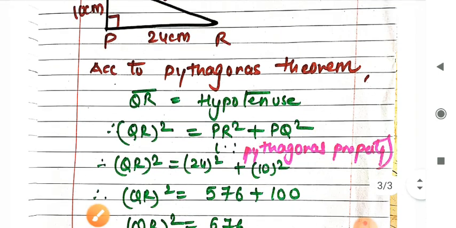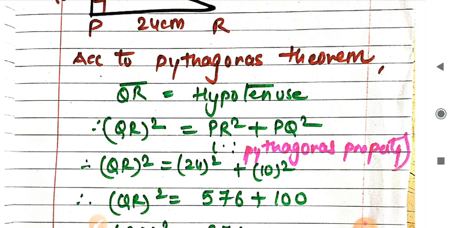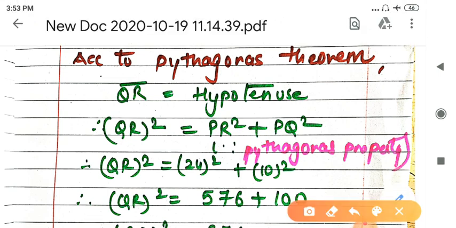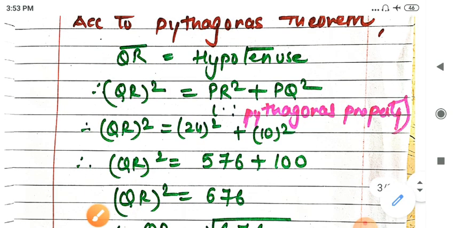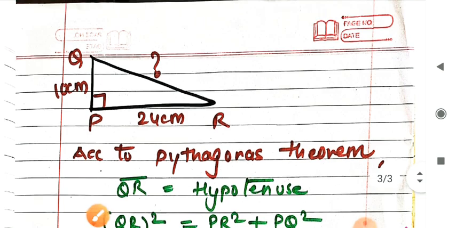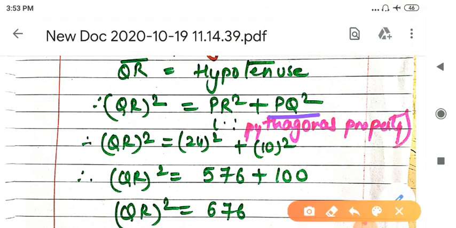Let us see what we have concluded here. QR is the hypotenuse, so QR square is equal to PR square plus PQ square. This we have written according to the Pythagoras theorem. So QR square is equal to 24 square plus 10 square.